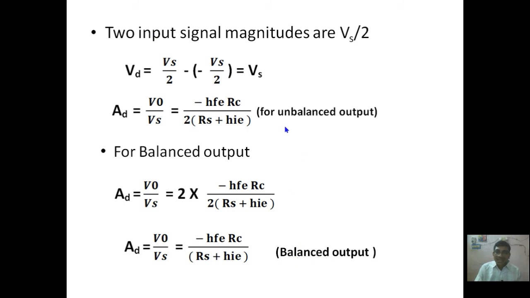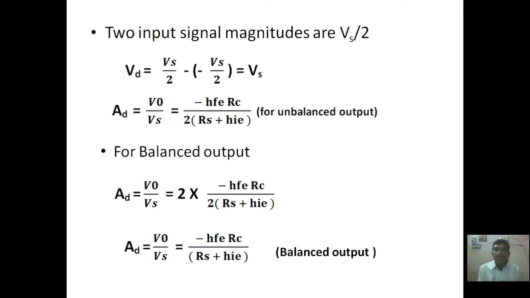So for unbalanced output, this is the differential gain, and for balanced output, this is the gain. The only difference is the denominator has the 2, so the gain is halved for unbalanced output. For balanced output, we won't get any 2 in the denominator.